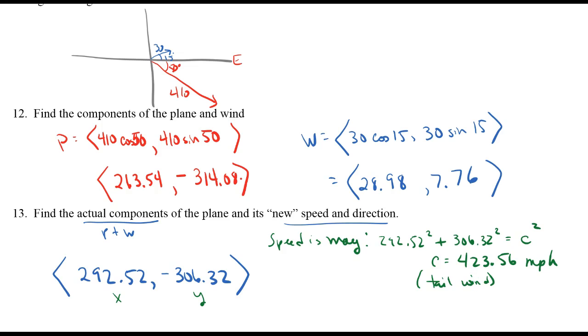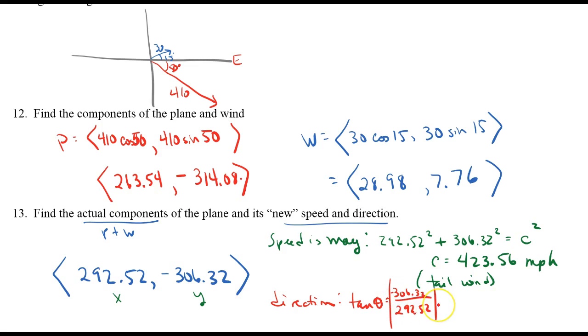Now the direction is the angle. So if we had drawn the picture of where this vector is and drawn a triangle out of it, we could do that same tangent of the y over the x, just like I did throughout the whole rest of this worksheet, and absolute value of that.